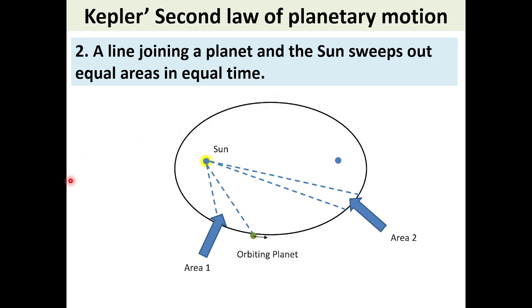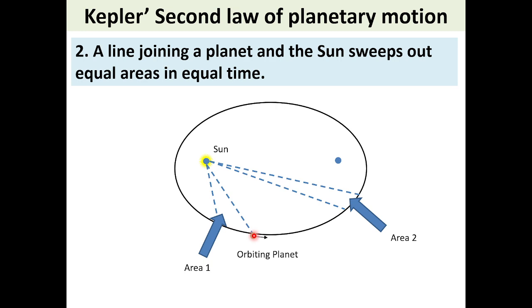Now I will explain. Draw a line from the sun to the planet. This is the planet, this is the sun. Draw a line. This is, of course, not a real line, it is an imaginary line.